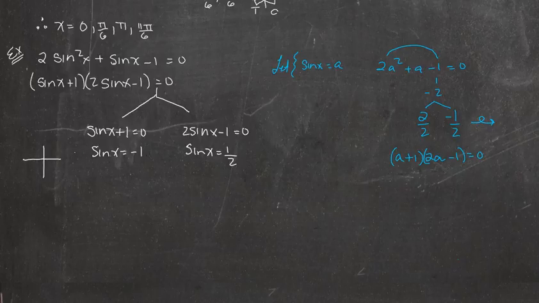There's only one place where that's true, and that's at x equals 3 pi over 2. And on the other side, there are two places where the sine of x equals 1/2. There's the position in the first quadrant where we're looking at pi over 6, and then, all students, in the second quadrant, we're looking at 5 pi over 6.